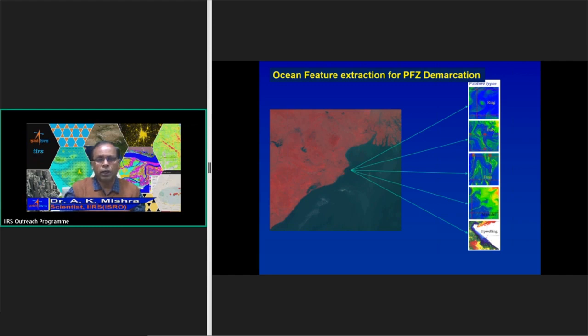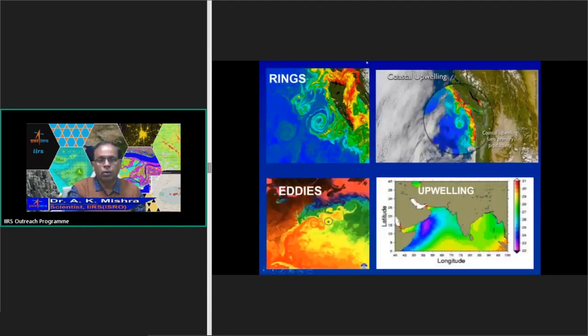productive zones, and we are extracting the features, that is the rings and eddies and fronts and meanders and the upwelling areas, which can be helpful for finding out the potential ground for fishing.